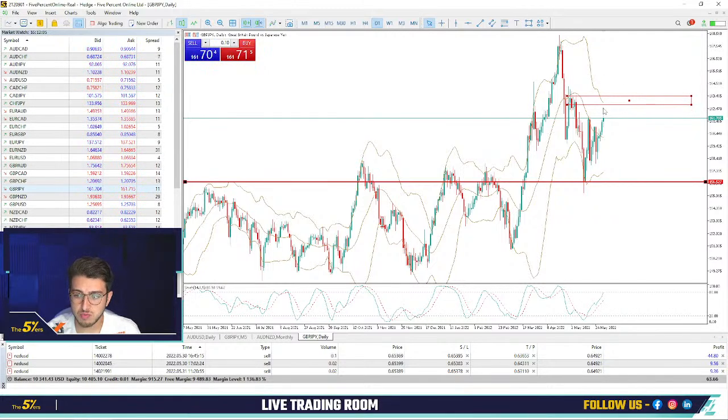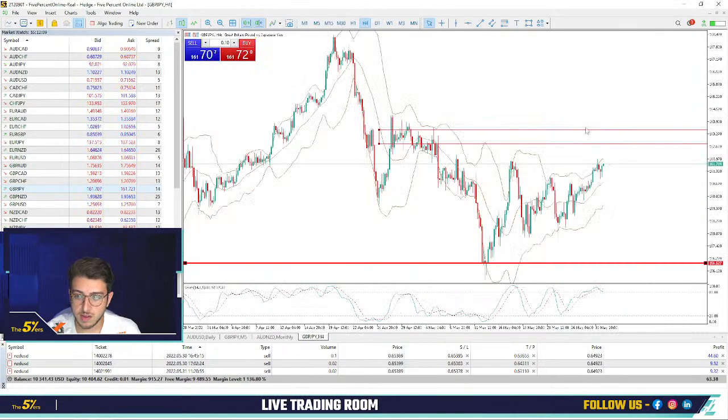I highly expect the price to reach this zone in the next days. But there is still this supply here, so we should be careful. Actually, the price didn't break above that line. But you see, we are not so far from the next supply. So that's why having a buy here would be very heavy, very difficult to manage. That's why I don't want to touch the pound yen.